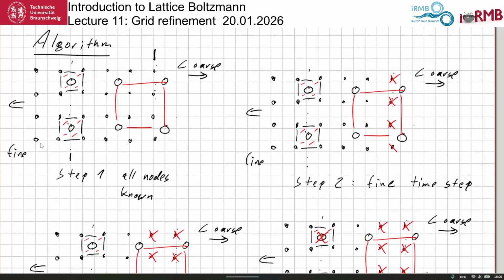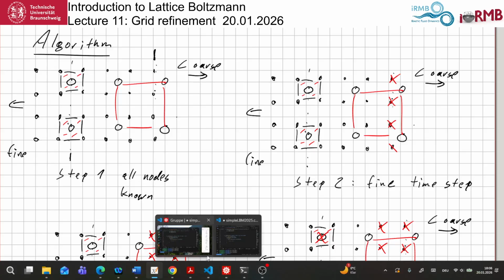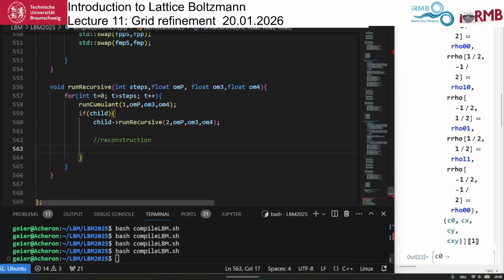And then we would have to go through the entire, so over the 4 lines in the fine to coarse and in the coarse to fine mesh. Okay. So here, because this is now the difficult part.